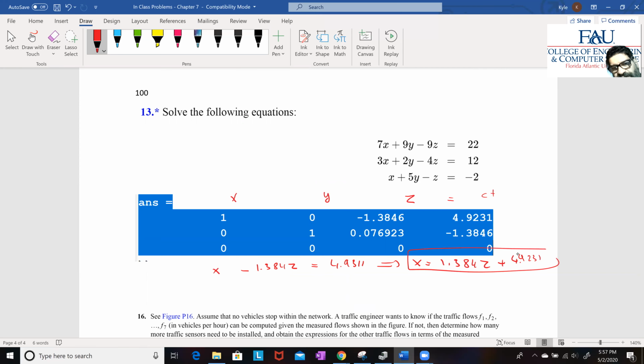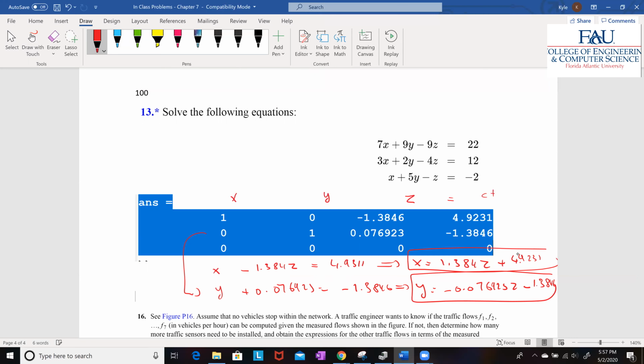That will be the first equation that I get from the RREF command. And the second equation here, we'll have y plus 0.076923 z is equal to minus 1.3846. So y will be equal to minus 0.076923 z minus 1.3846. So that is equation 2. You notice here that's why we talked about infinite solutions.